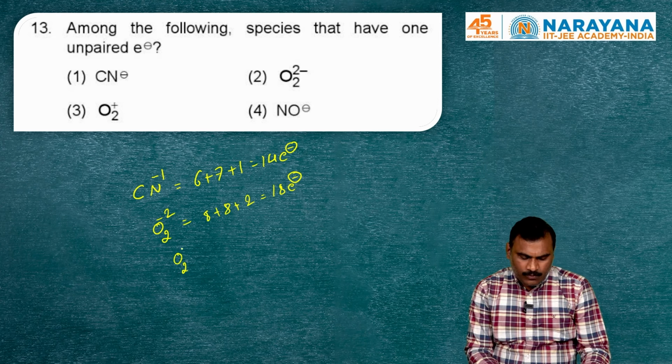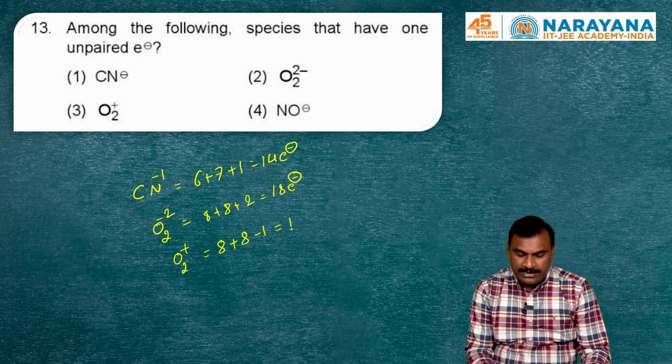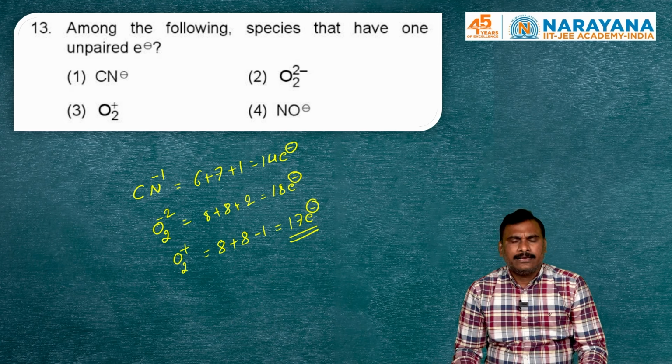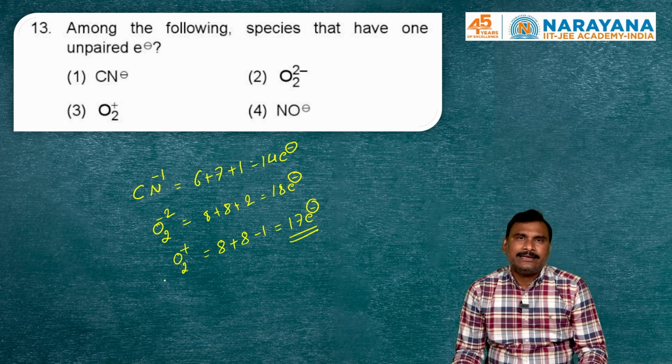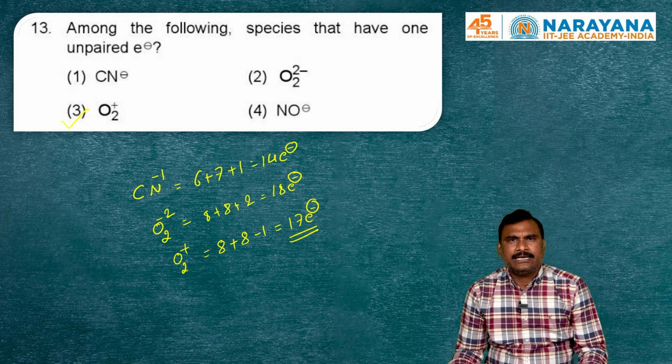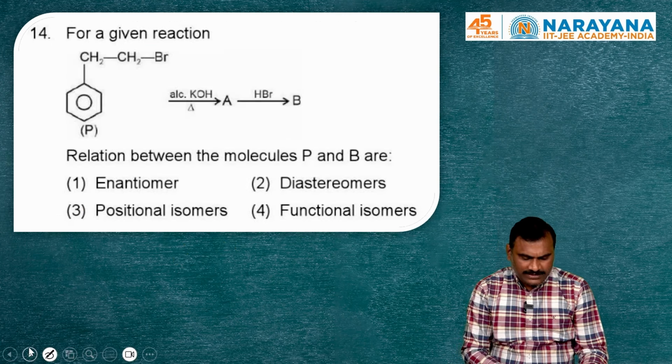You see O2 plus, that is 8 plus 8 minus 1, 17 electrons. So you see students, in O2 plus, its pi star antibonding molecular orbital has one unpaired electron. Therefore O2 plus should be the answer. Now let us go for the next.